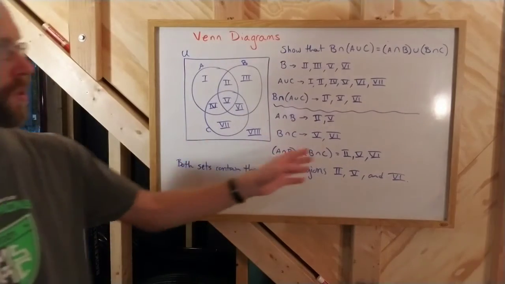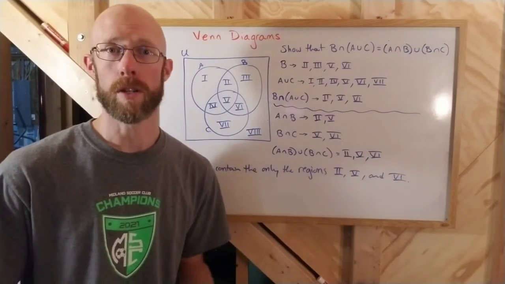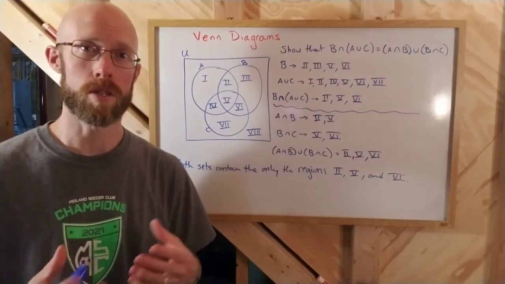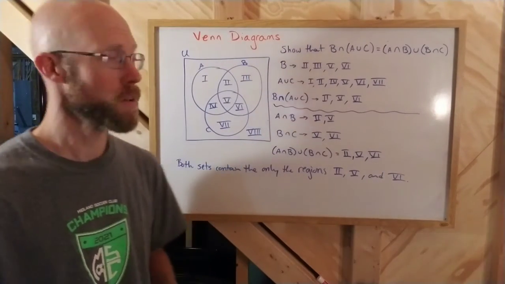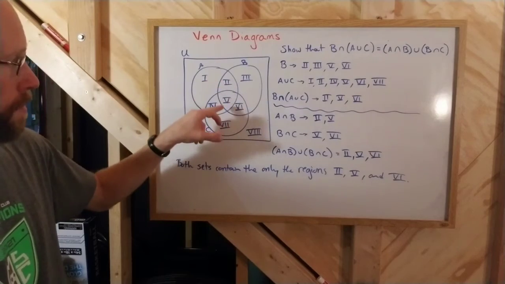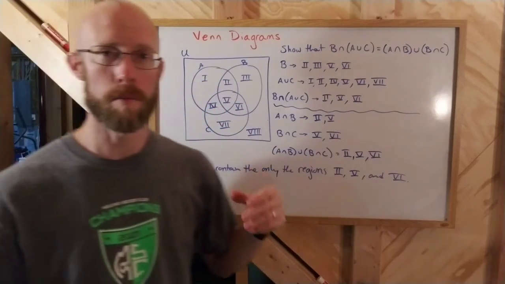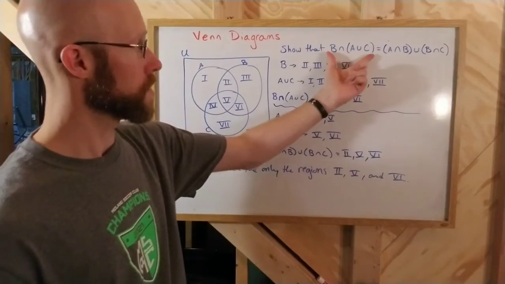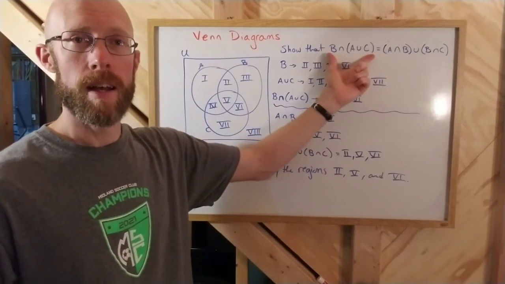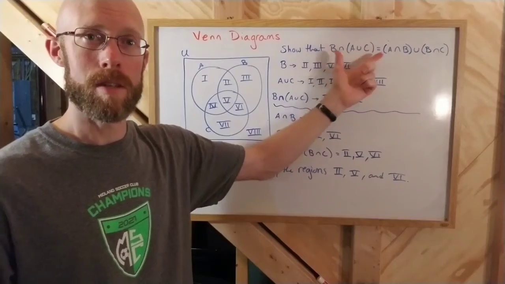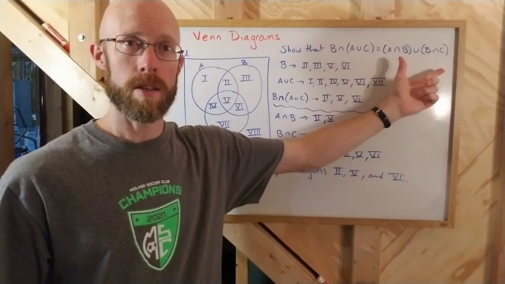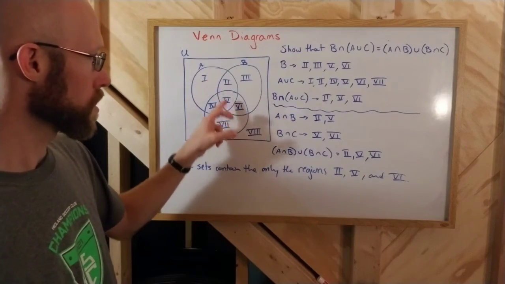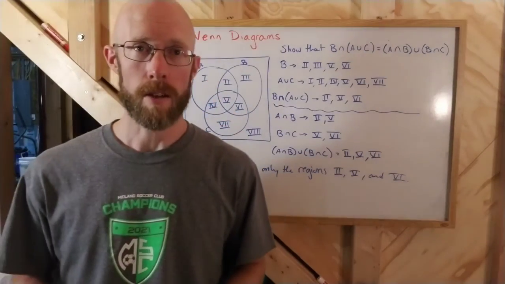So yes, for sure, our equation is true and is now proven. Okay, because the regions are the same on both sides. So if the regions on the Venn diagram are the same, it just means the elements that these sets contain are the same, right? So on the left here, this set contains the same elements as the set on the right because they have equivalent regions on the Venn diagram.